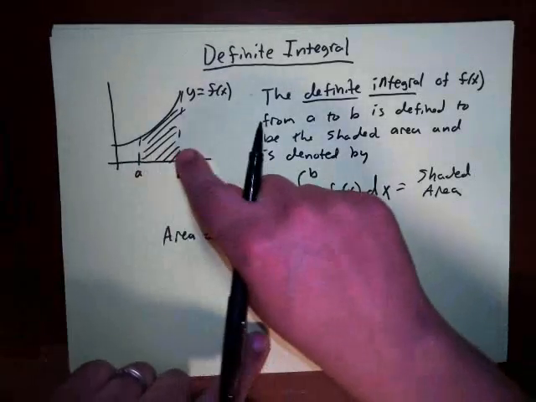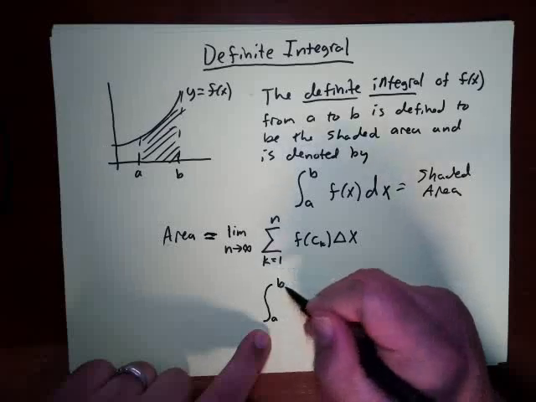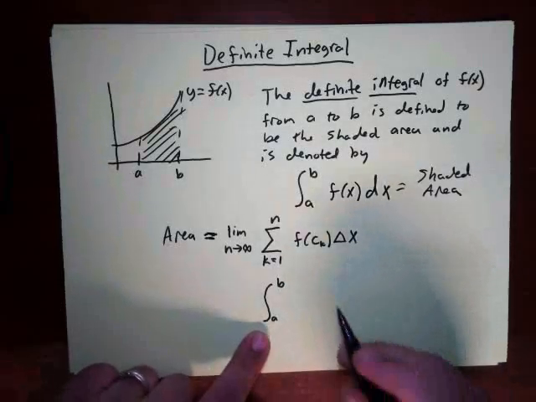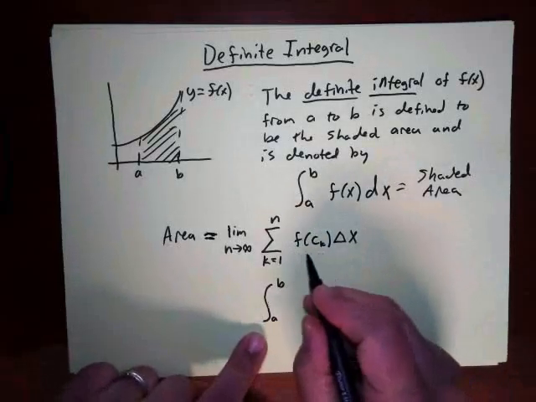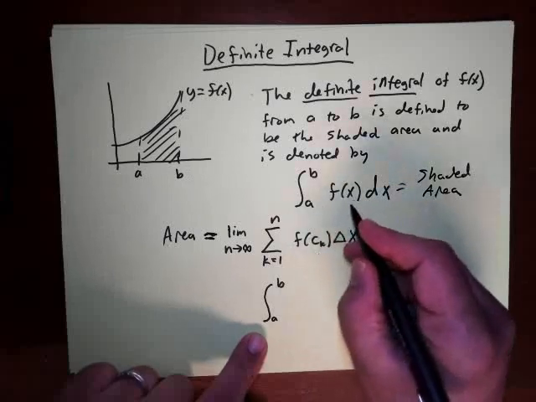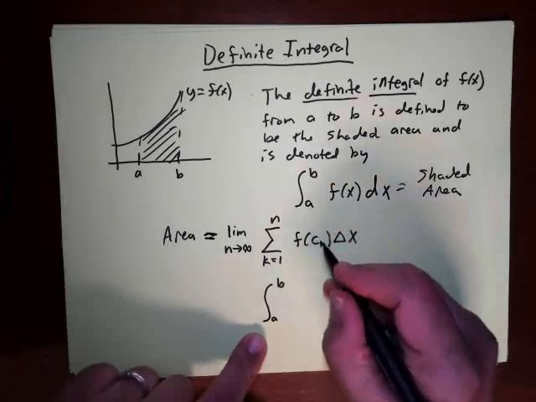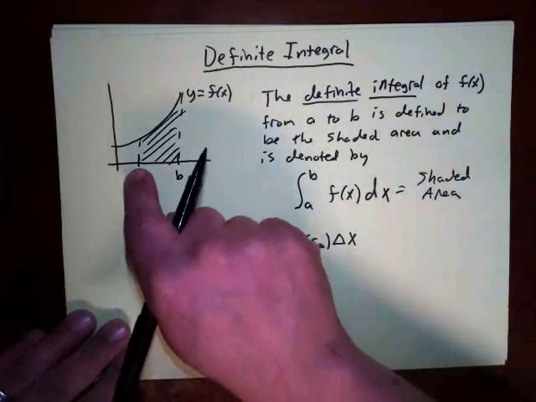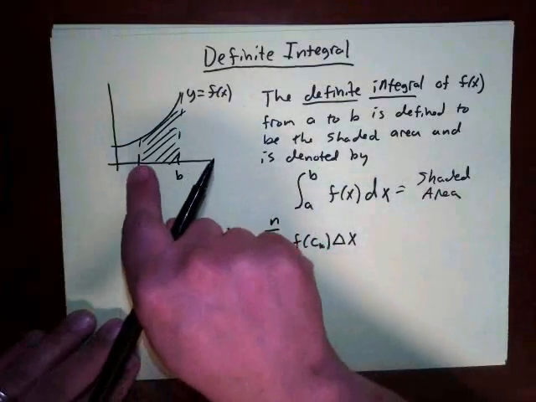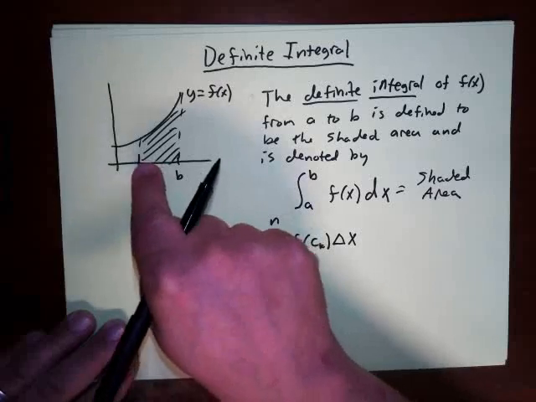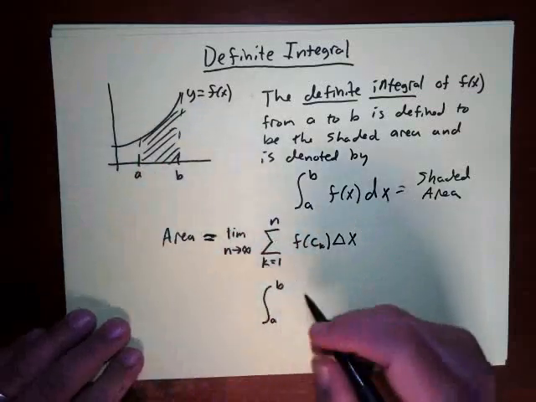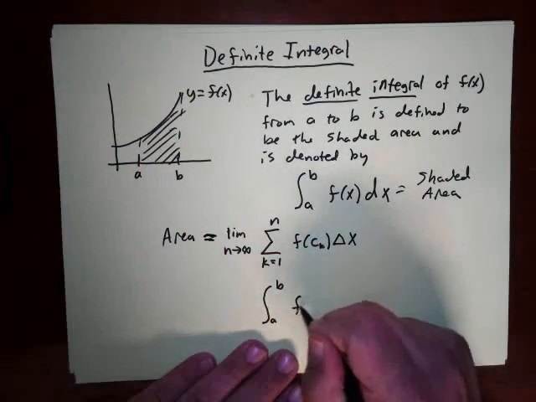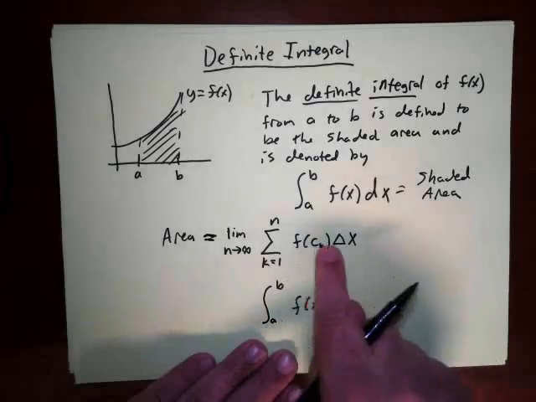And these rectangles are going from A to B, so you put the A to B right there. And then this thing here is where the f of x is coming from. This f of c is just some value inside the rectangle there. It could have been the lower endpoint, the upper endpoint, the midpoint, and technically it could be any number in there. Okay, so that's where this f of x is coming from.